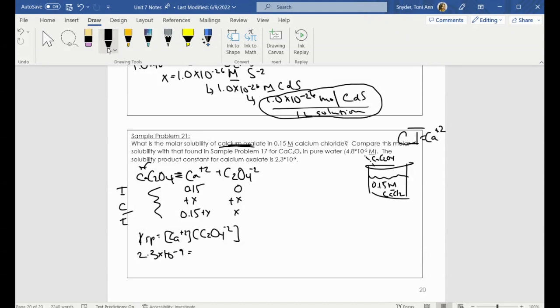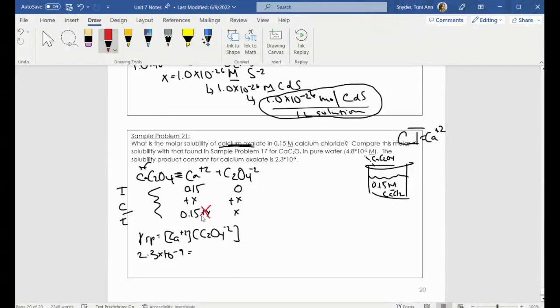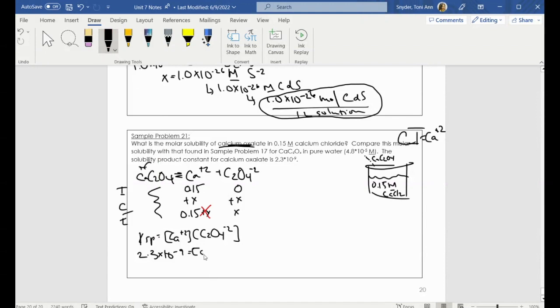Again, I can neglect that X, and that's because my value for K is so small, it's not really going to affect that initial concentration too much. So I'm just going to keep my calcium concentration at 0.15, and I'm going to set that equal to X. And when I find that, I get 1.5 times 10 to the negative 8th molar.